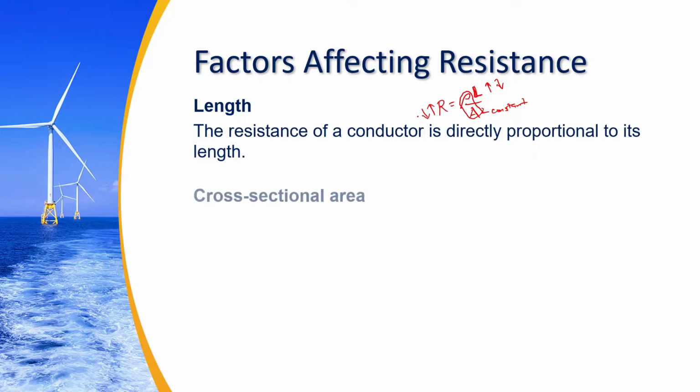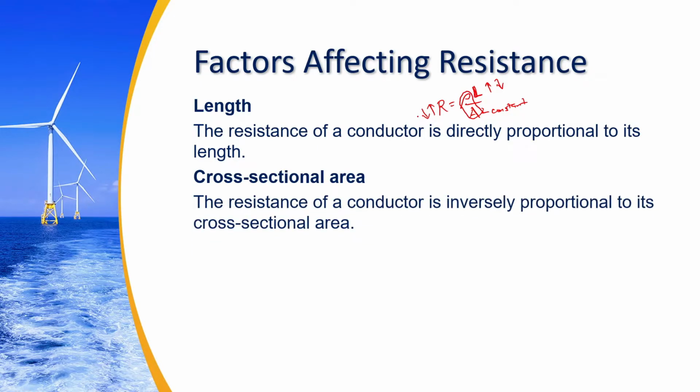Okay? Sa cross-sectional area naman, the resistance of a conductor is inversely proportional. Tandaan nyo, inversely proportional. Kapag babalikan natin itong formula natin na R = ρL/A, pansin nyo na yung area is nasa denominator.